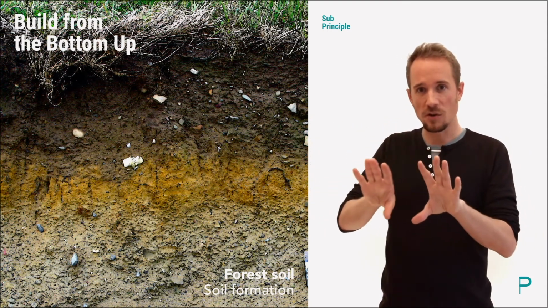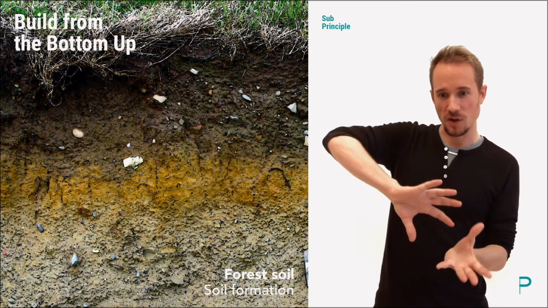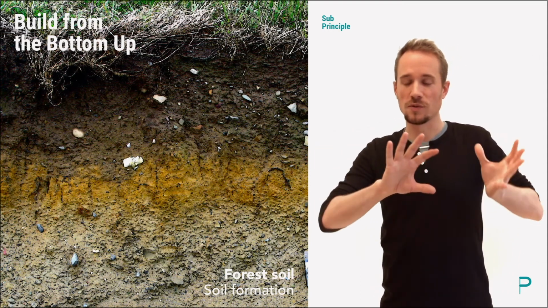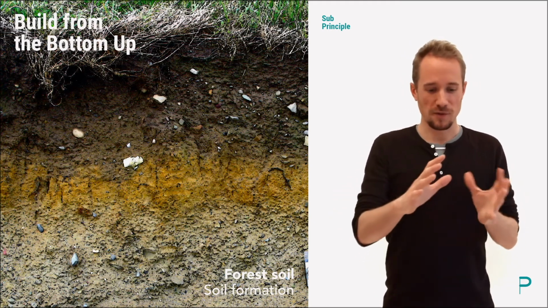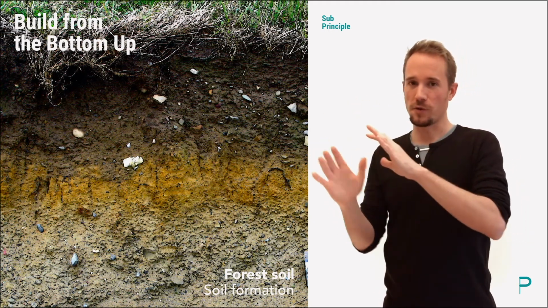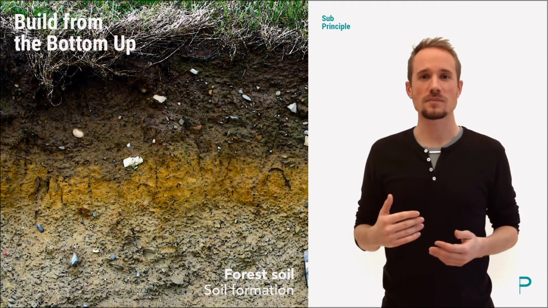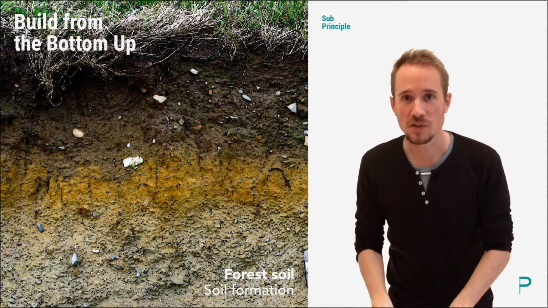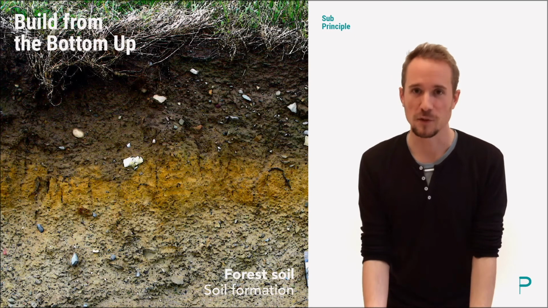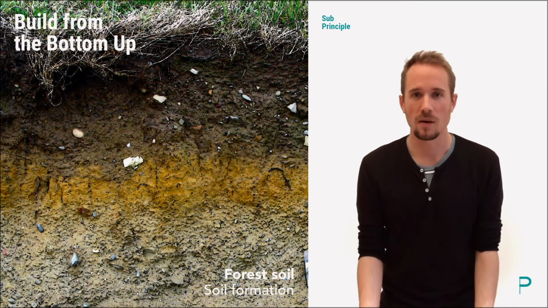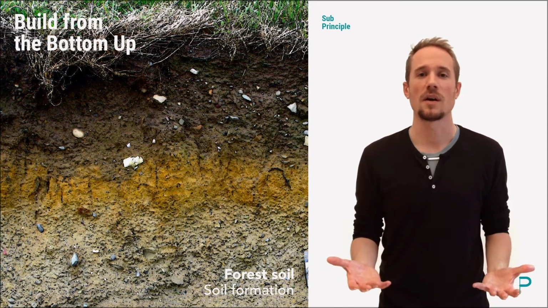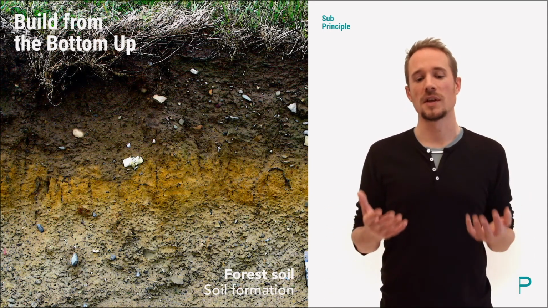Then you have the B horizon, where minerals are being changed to soil. So basically the process of stone to earth, that's where it's really happening. And then at the bottom, the C, you have basically the parent rock. So from the bottom up over millennia, our soils, our forest soils, developed.